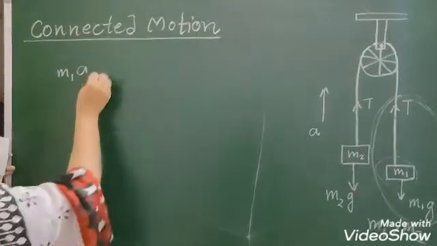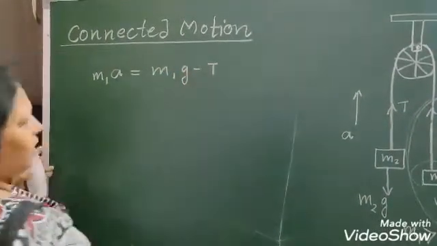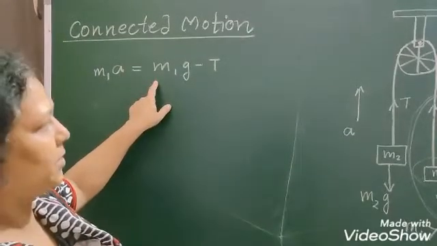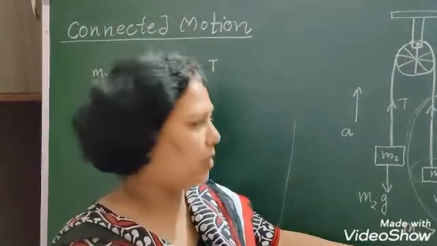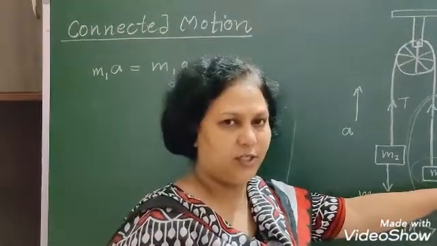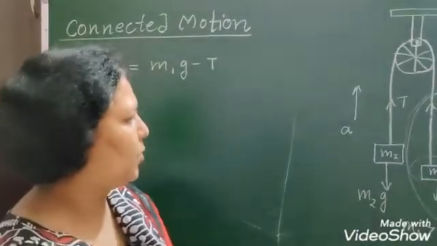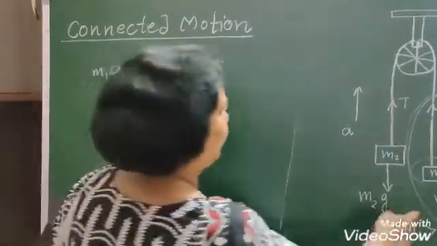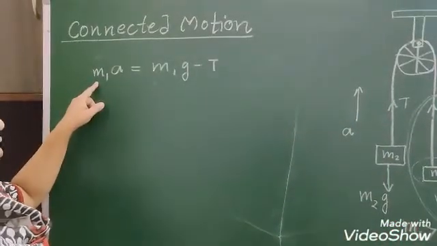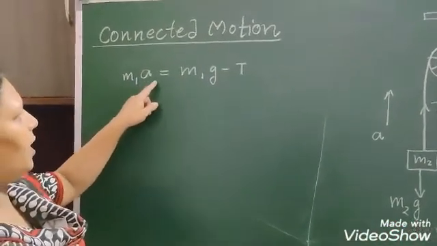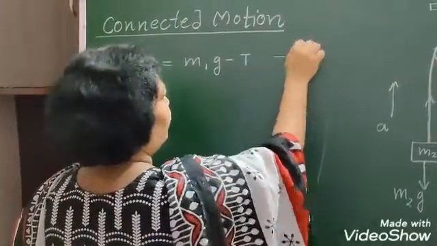And that can be produced by m1g minus T. Obviously m1g must be greater than T, then only this mass m1 will move in the downward direction so that the acceleration is produced. The acceleration produced in the whole string will be equal. So in this part of the system the net force will be m1a, and that is equal to m1g minus T. This we will write as equation 1.